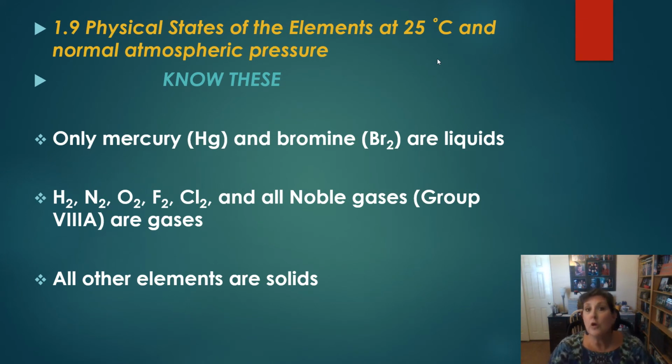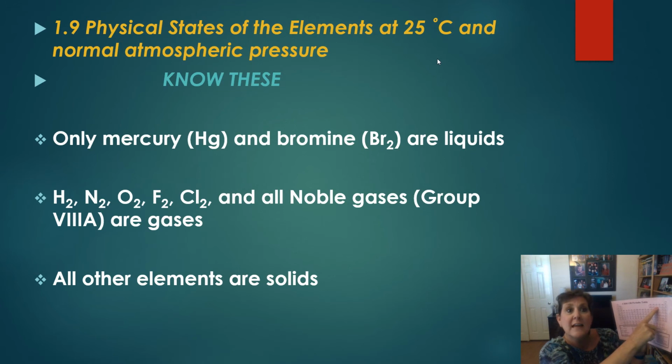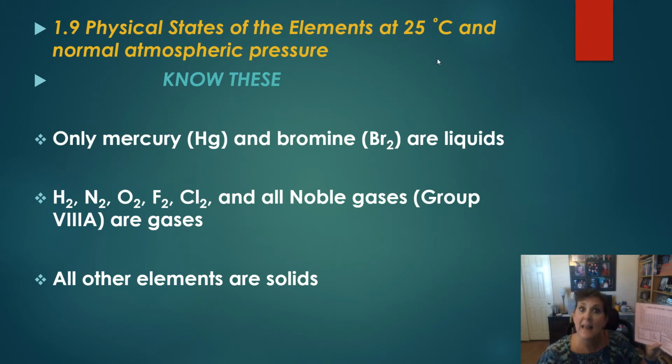Now, there's a few gases. We're going to remember them as well. Starting in the corner, hydrogen is a gas. Go over here to N. Nitrogen's a gas. Next to it, O. Oxygen's a gas. Next to it, F. Fluorine's a gas. Go down one, chlorine's a gas. Then the last column, all of them are gases because the last column is called noble gases.